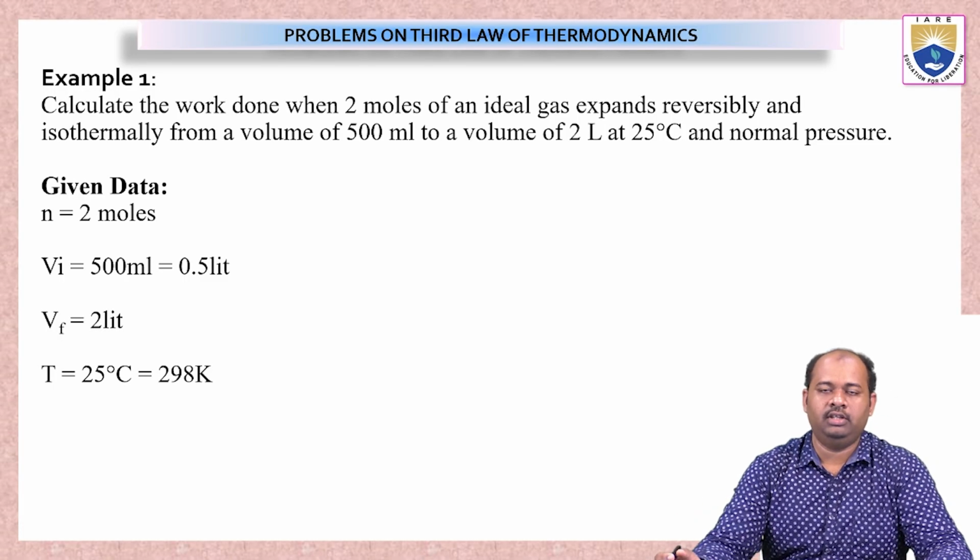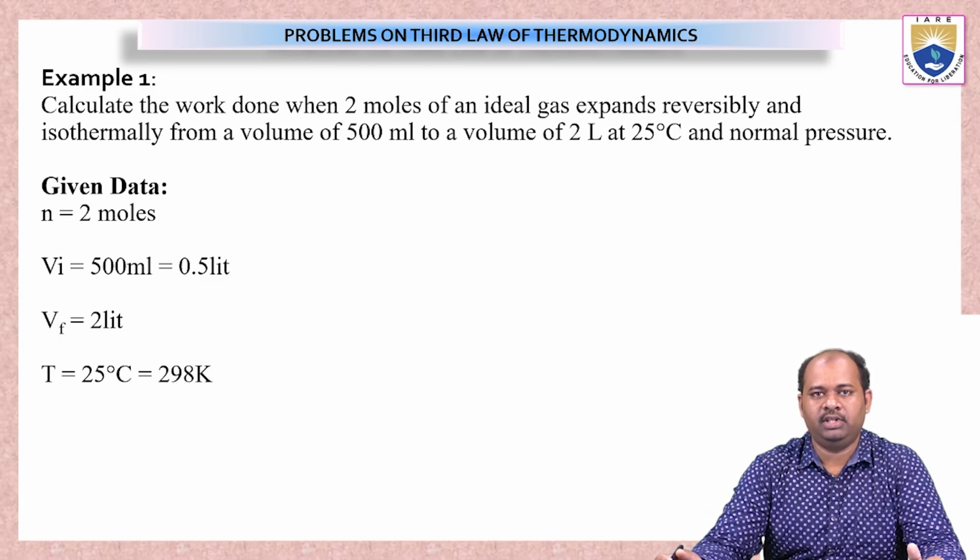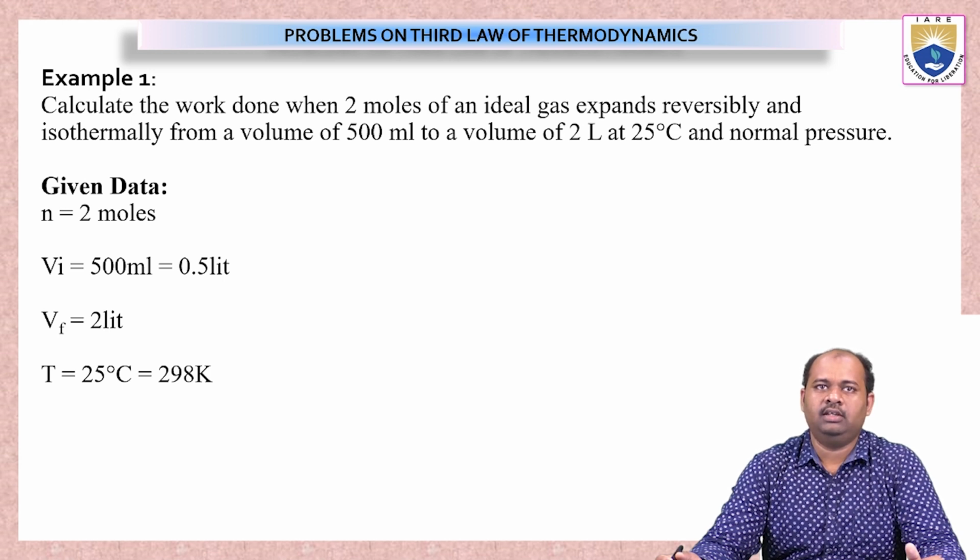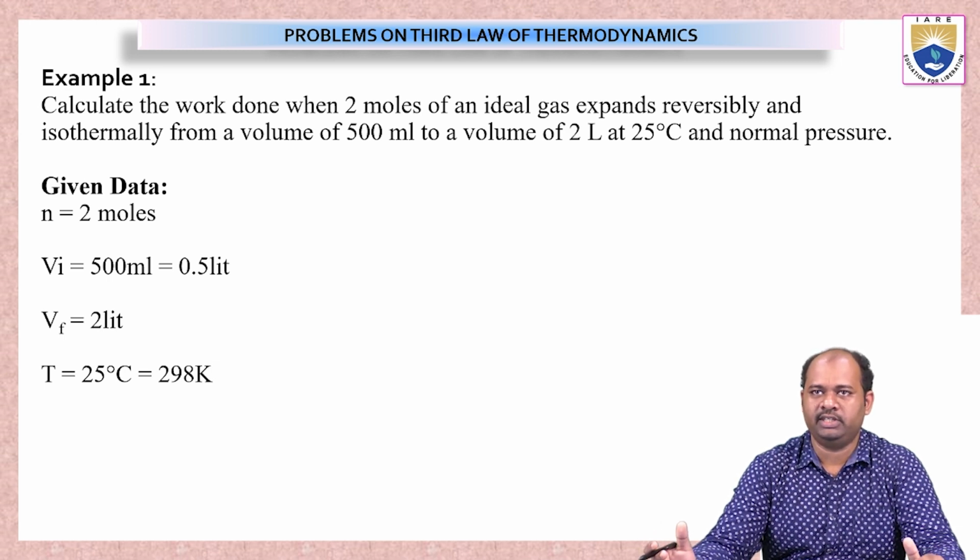So in this question, let us try to understand what is given. The question goes like: calculate the work done when 2 moles of an ideal gas expands reversibly and isothermally from a volume of 500 ml to a volume of 2 liters at 25 degrees centigrade and normal pressure.